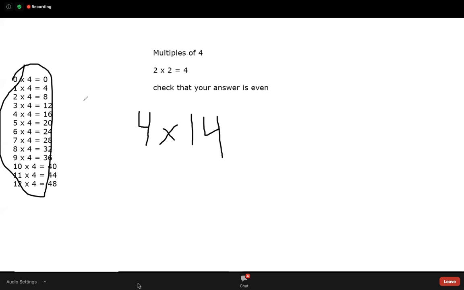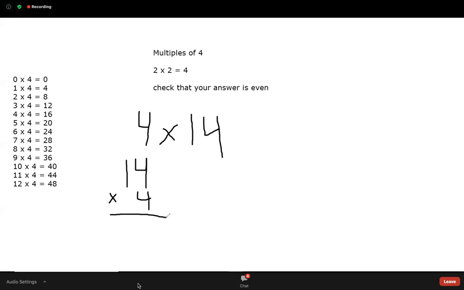Feel free to use this chart to help you. Laura asks, is the answer 56?